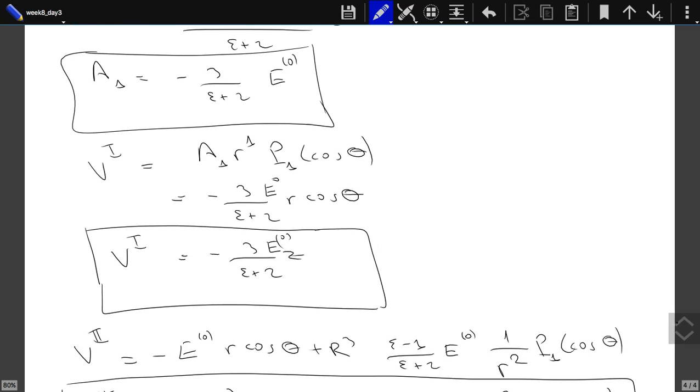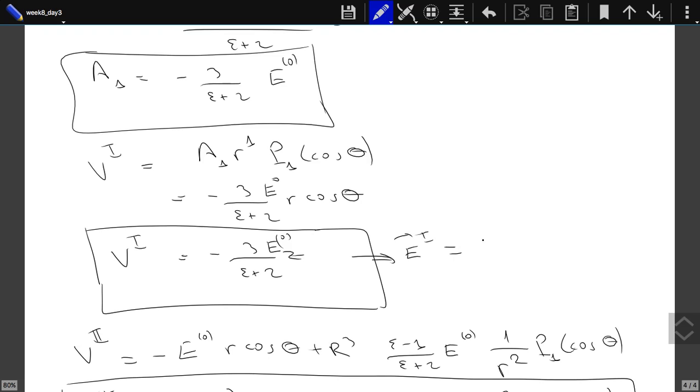So we have an external electric field which is already uniform, plus the electric field created by this polarization which is also uniform. You see, the electric field in region 1 is just minus the gradient of this one.